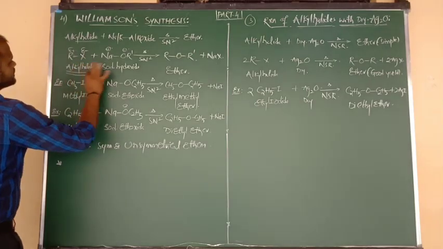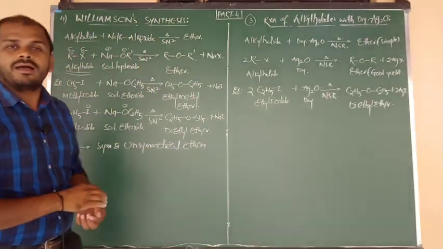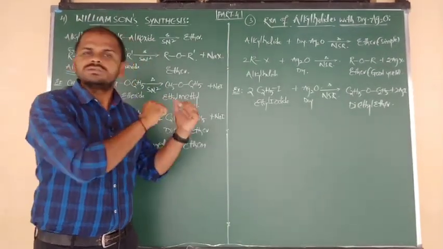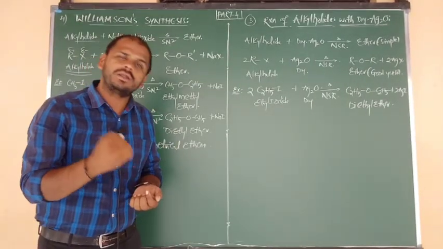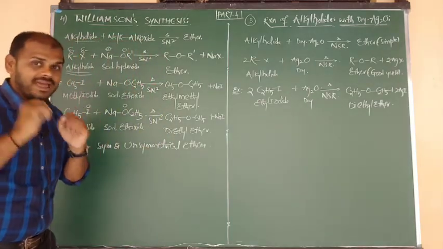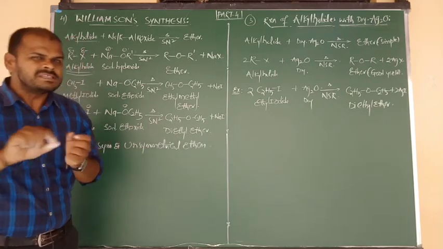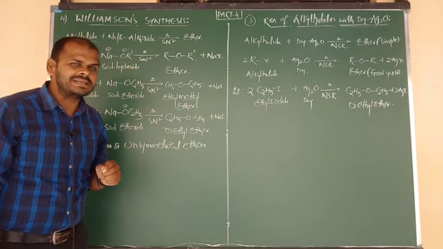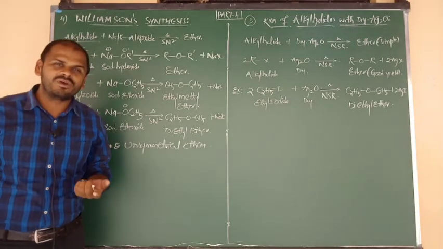Alkyl halides are involved in Williamson's synthesis. But remember, which alkyl halide is more reactive towards Williamson ether synthesis? Primary, secondary or tertiary, they are going to ask you like that. Listen carefully, you can already say the answer. Williamson's ether synthesis proceeds through which mechanism? SN2 mechanism. In SN2, which type of alkyl halide is more reactive?